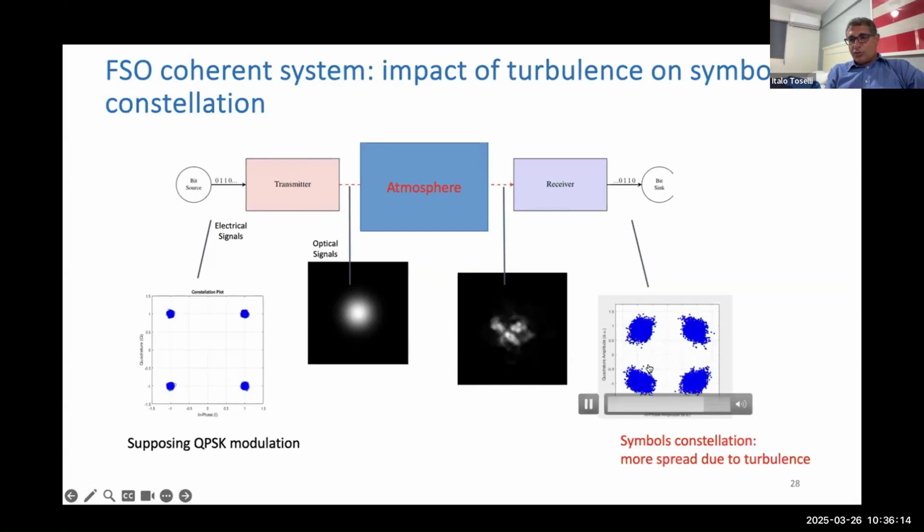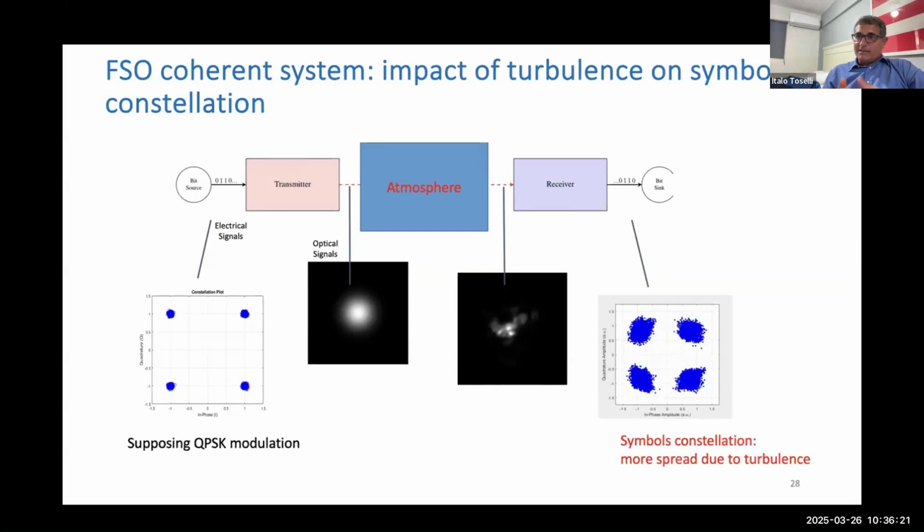You see what happened to your constellation at the receiver: it is spread and moving. This means that there is a higher chance that you are going to make a mistake when you decide what the symbol is. So you increase basically the symbol error rate due to turbulence. This is one effect, and this is what happens for a coherent system.